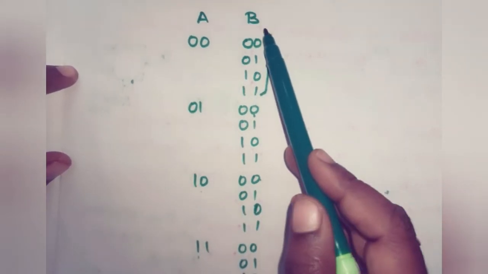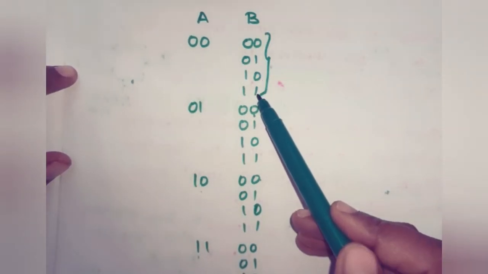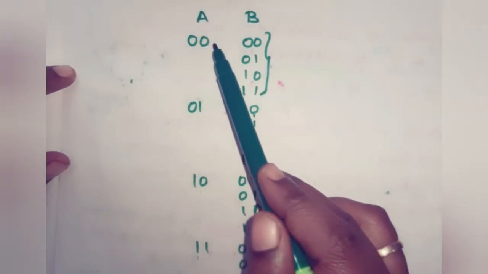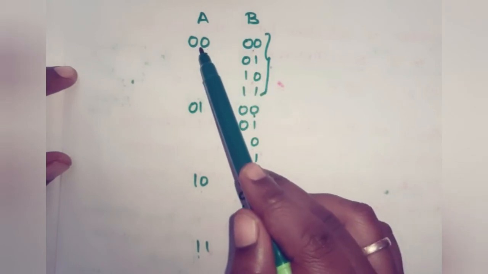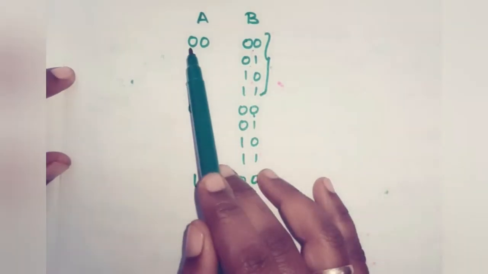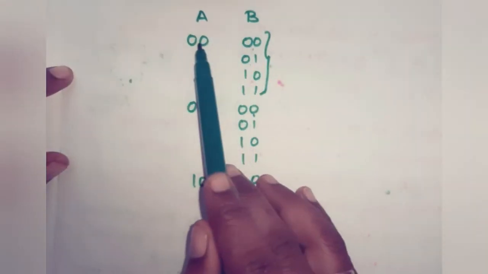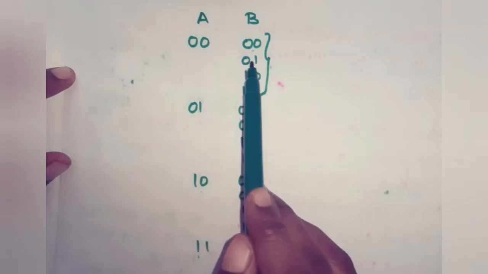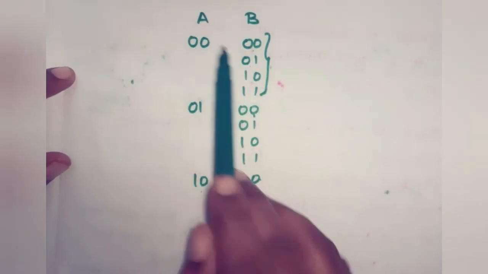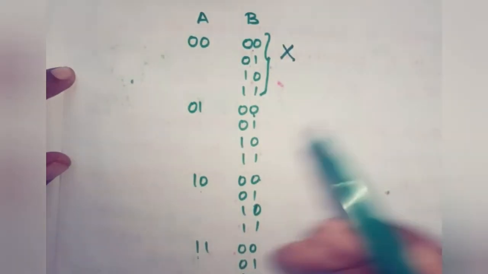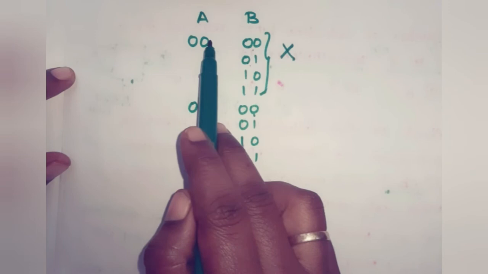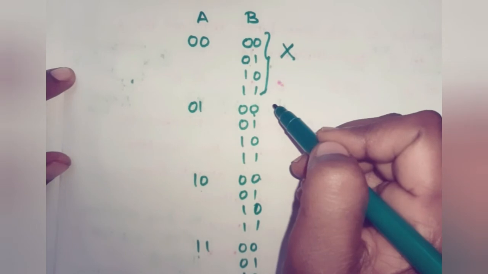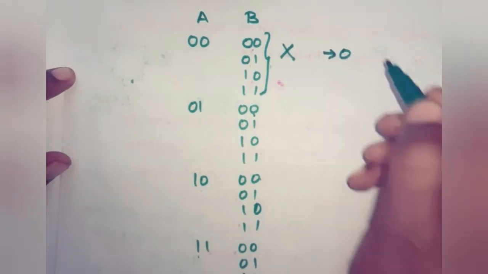In that case B may be 00, 01, 10, 11. In all these 4 combinations, either A is equal to B or A is less than B. With 00 and 00, A is equal to B. With 00 and 01, B is greater than A. So here A is always less than or equal to B, and in this combination the output is 0.